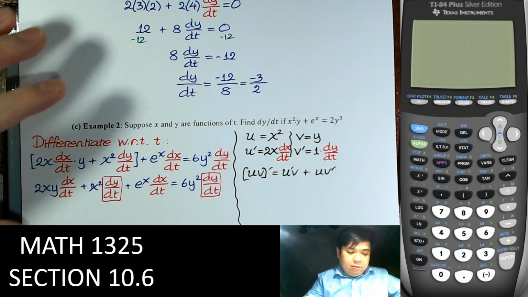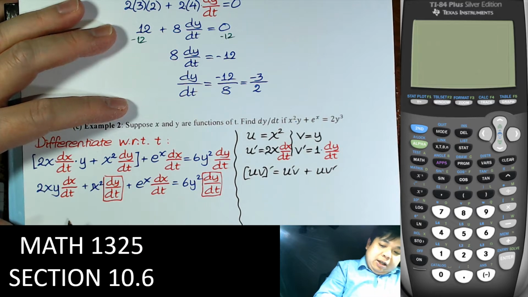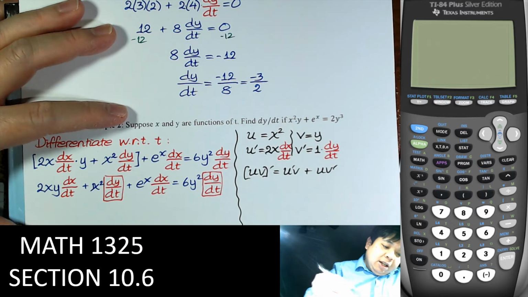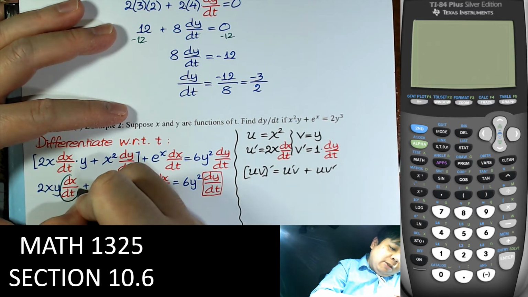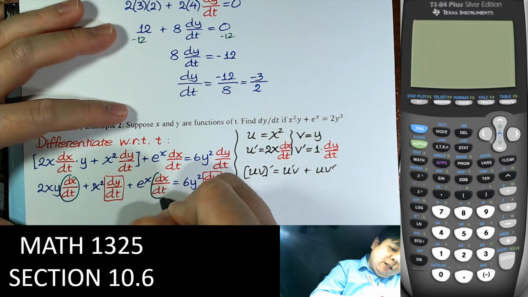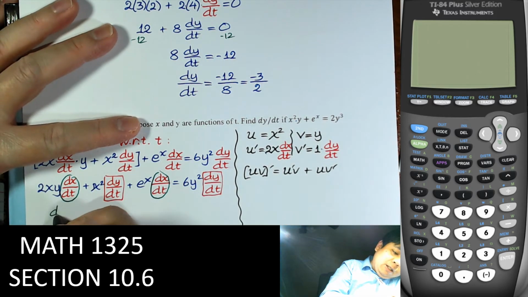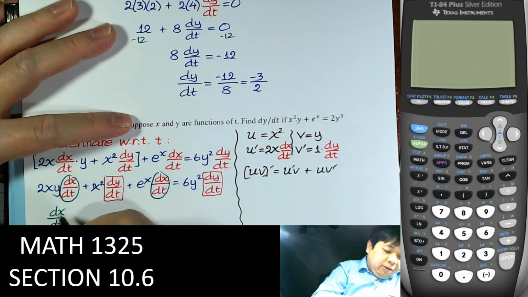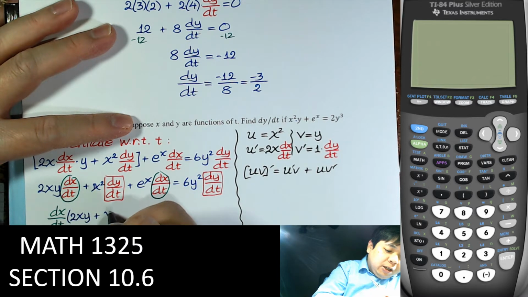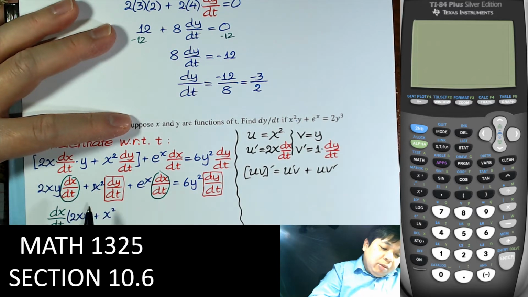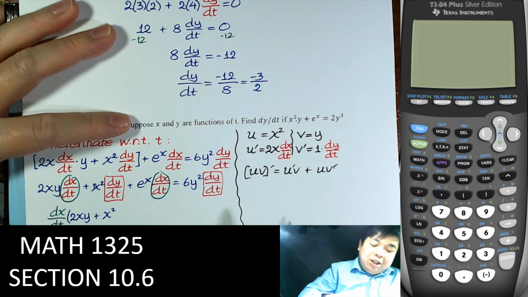So first let's factor out dx over dt, and with that we have 2xy plus x squared, not x squared, e to the x.